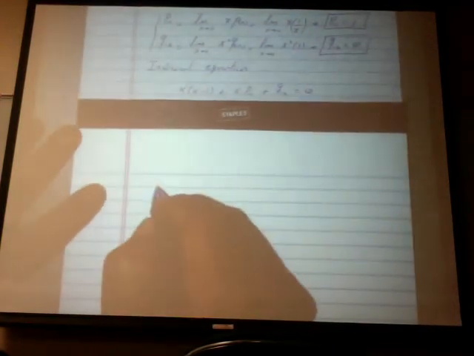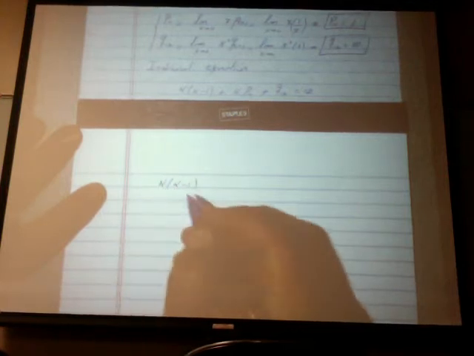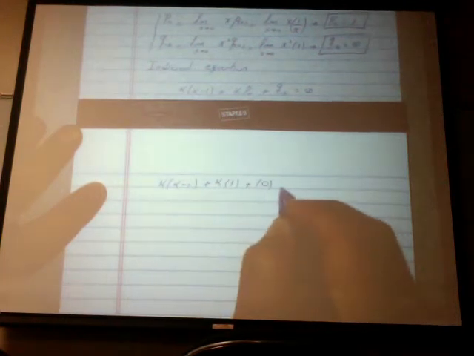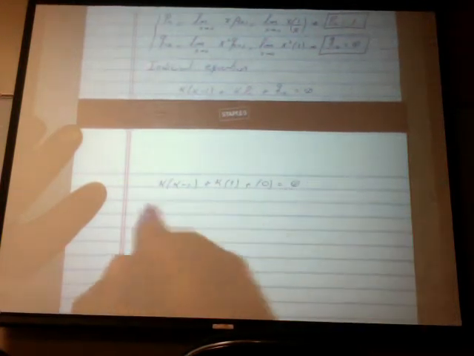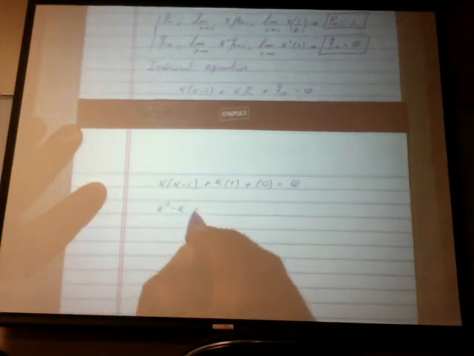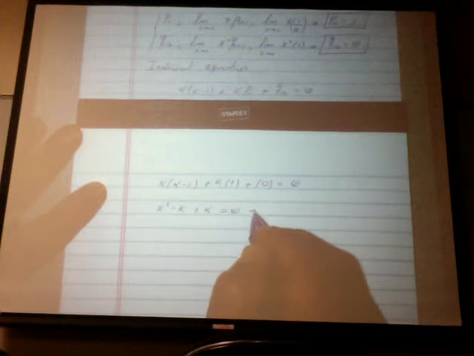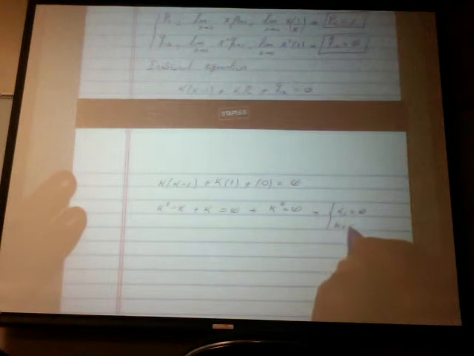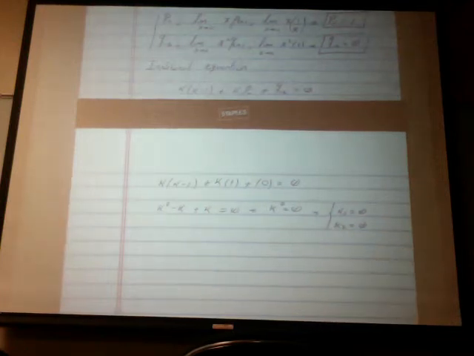So let's find k. k times (k minus 1) plus k times 1 plus 0 is equal to 0. Therefore, k squared minus k plus k is equal to 0. That means that k squared is equal to 0. What is the solution of that equation? k1 is equal to 0 and k2 is equal to 0. So it's repeated roots. k equals 0.